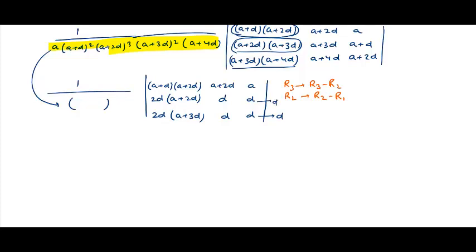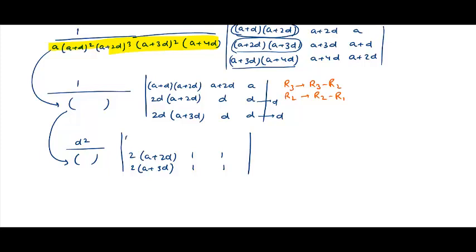So what we get here is d square upon this entire expression times 2a plus 3d, 1 1, and then 2 times a plus 2d, 1 1, and then the first row which was a plus d, a plus 2d, a plus 2d, and then a.